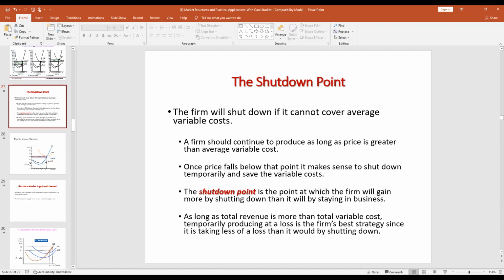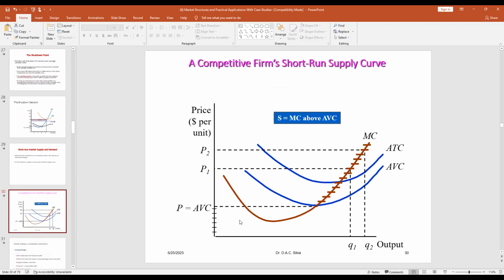So the shutdown point is where the price cannot even cover the operational cost. That is, we call it price equal to average variable cost. Then you must close down your firm. That is why, from here to here, the MC curve indicates the short-term supply curve of a firm.